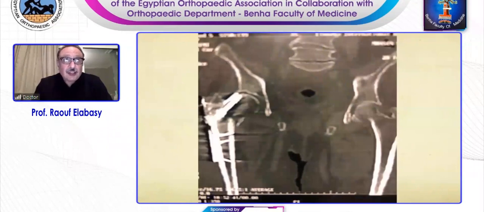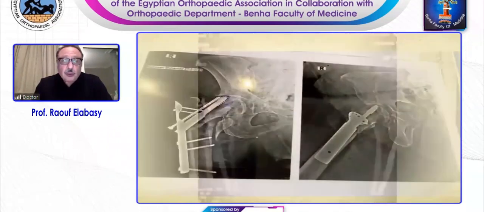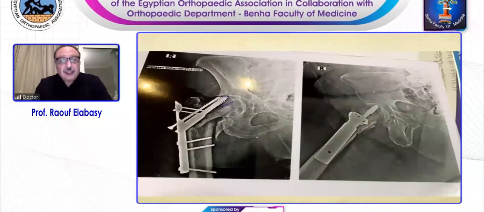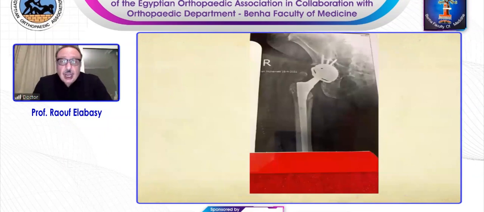There is a cut through, which is very evident in this X-ray. And it was very cumbersome to take the metalwork out; it is more difficult than a revision total hip replacement. So we did a total hip replacement with a captive cup and the Wagner cementless prosthesis. All is cementless.